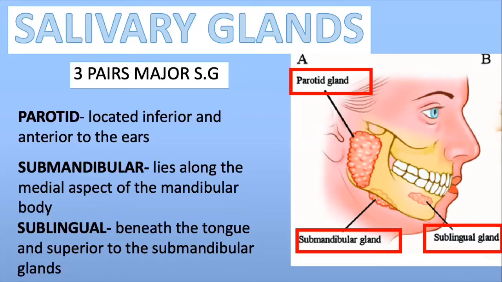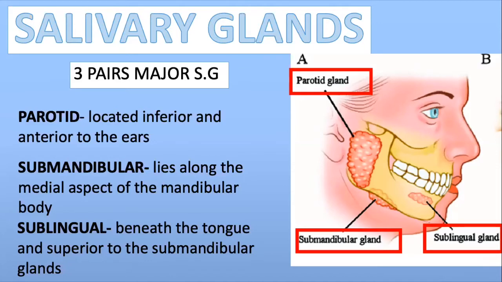Okay? And then in order for this, syempre, hindi naman pwede na mag-pool lang ang inyong laway sa inyong baba. So there should be a drainage. Okay? And then in each gland, meron siyang mga large ducts in which the saliva will drain. Okay.